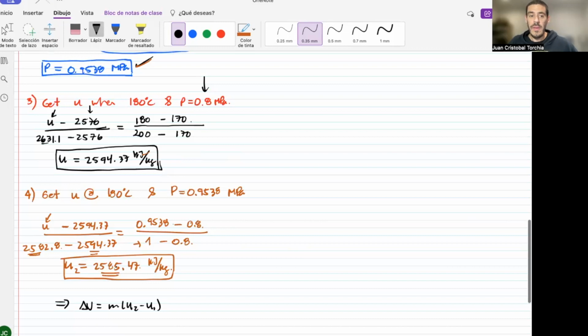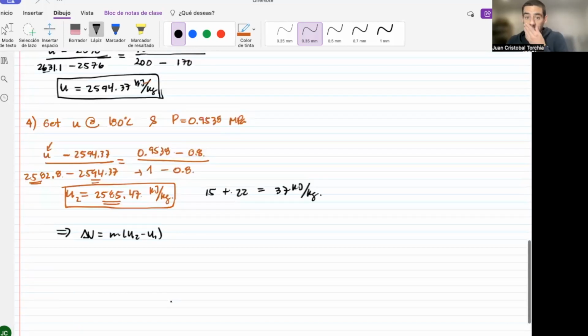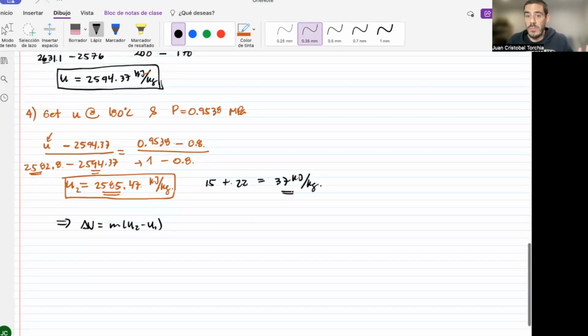So you are about 37 kilojoules per kilogram away from your approximated U in the last part. In this case it's more accurate, and let's see if you are really close or not. U1 hasn't changed, U2 is the one you're looking at there, and the mass hasn't changed.